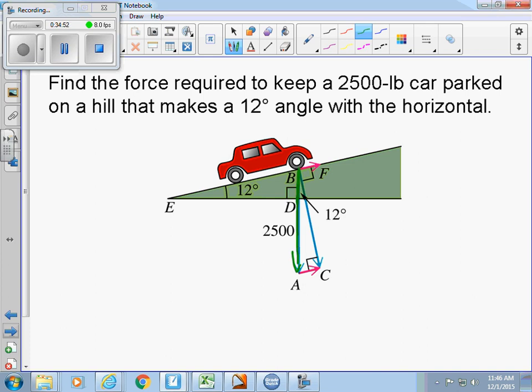So I really want to know side B. The force it would take to keep the car up on that. So opposite and hypotenuse. Sine of 12 degrees equals B over 2,500. Multiplied by 2,500.